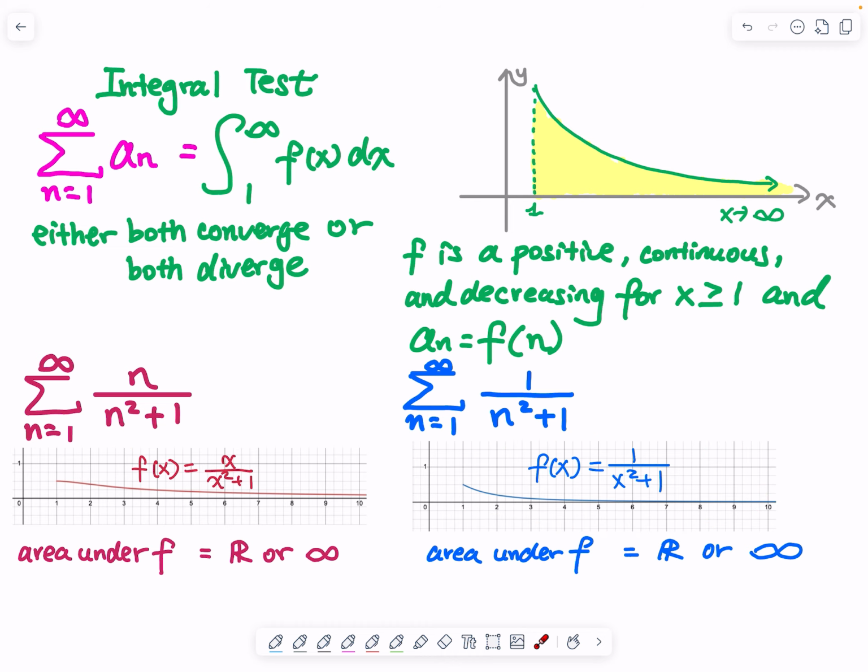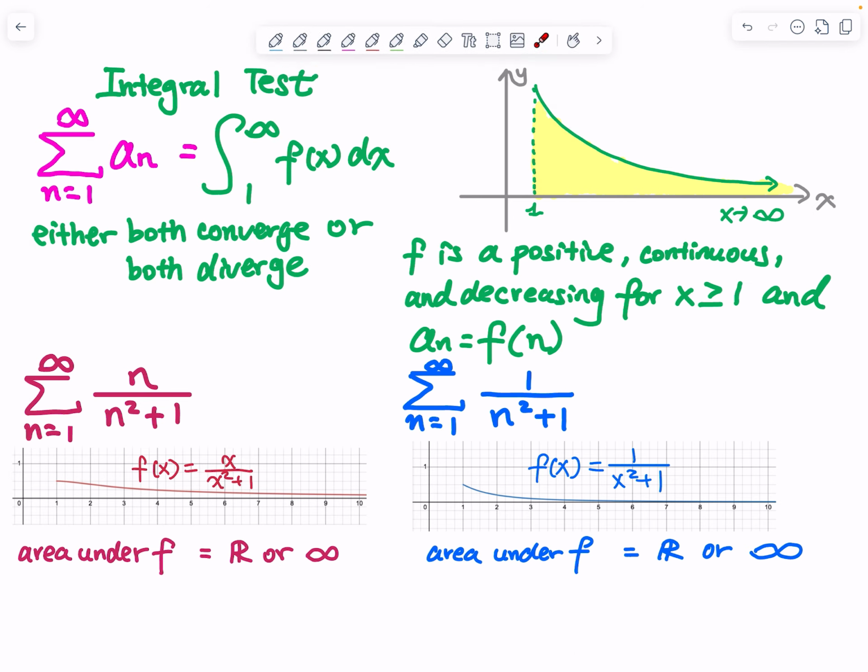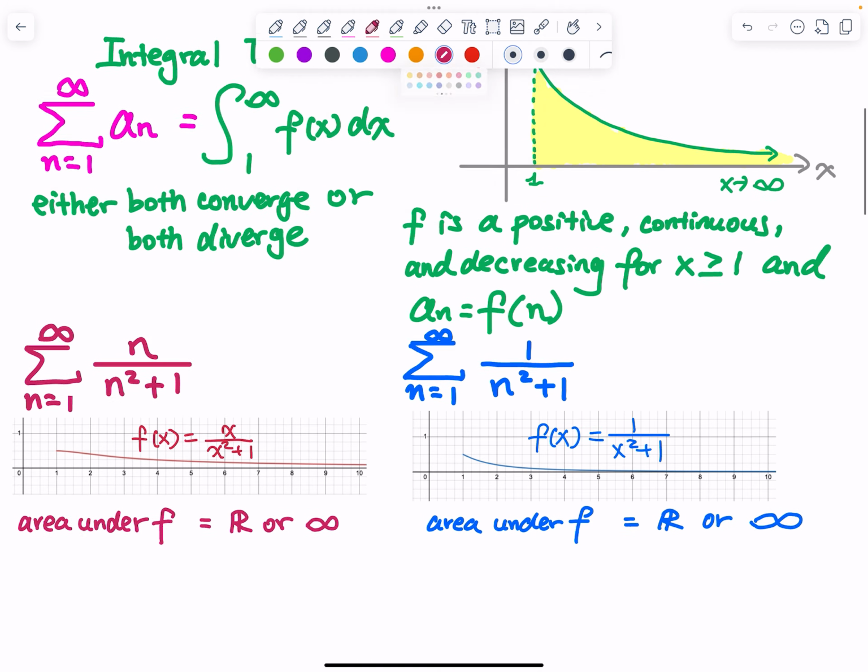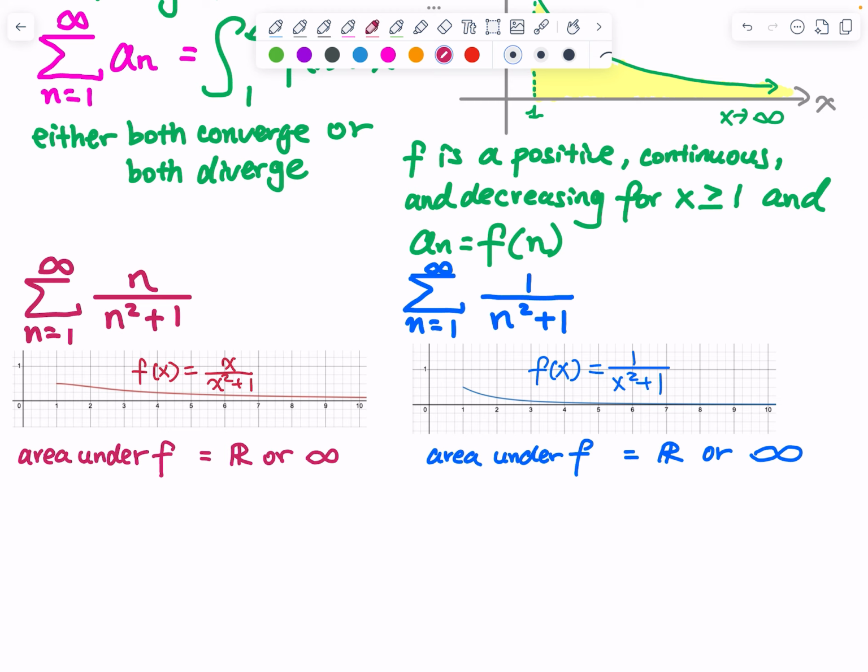My question is, as x goes to infinity, is the area under the curve equal to a real number or equal to infinity? Why don't we start with the red problem? Let me match that color. First of all, I have the graph of this function, and based on the graph, I can tell that the function is positive and continuous.